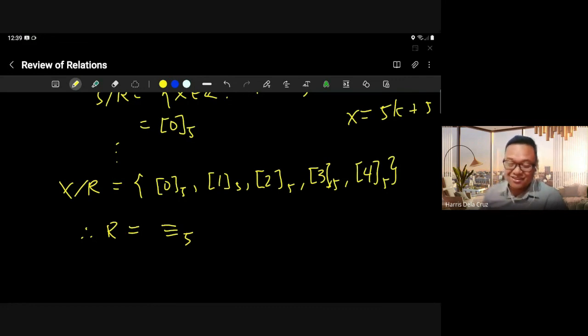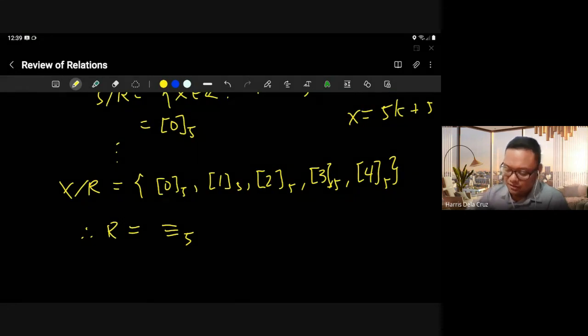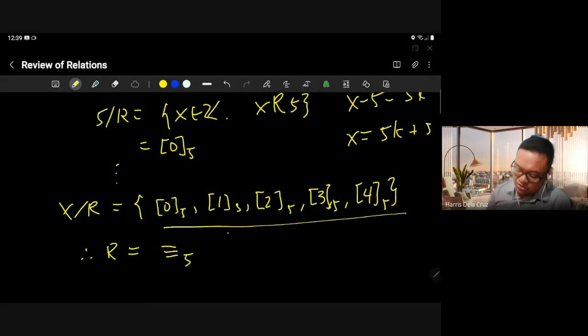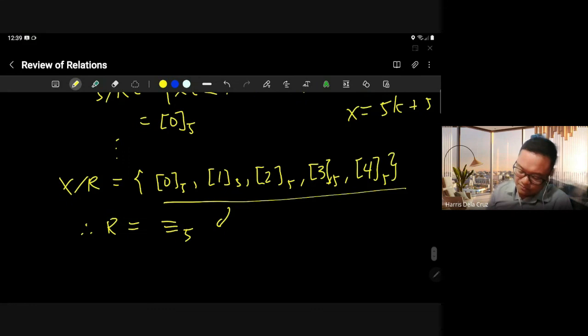So as a relation, yung relation na to, yung in-induce natin, is the same as the relation, as the modulo relation congruence modulo 5. Okay na. So ibig sabihin, yung partition na to, itong partition na to, ay ini-induce nito, so ito yung X over R.